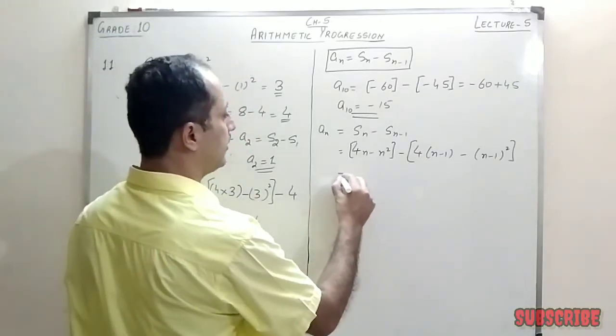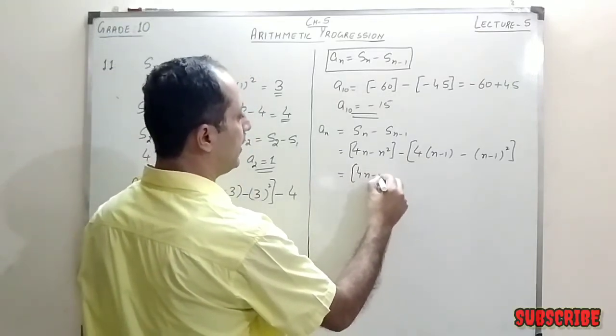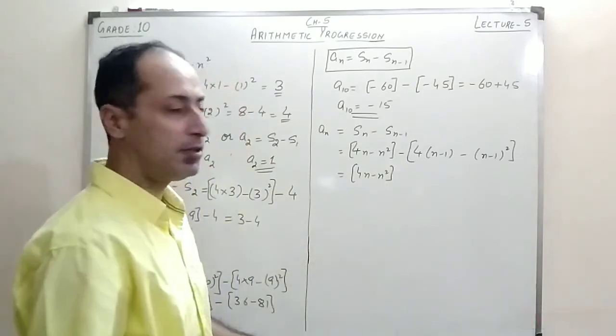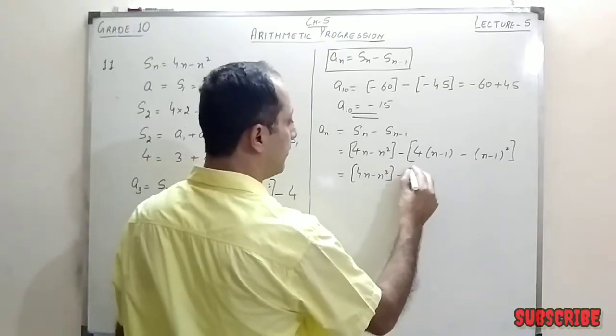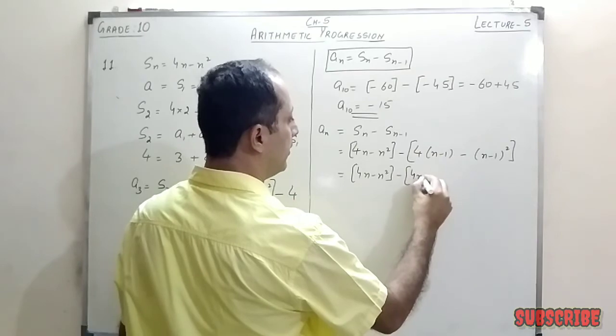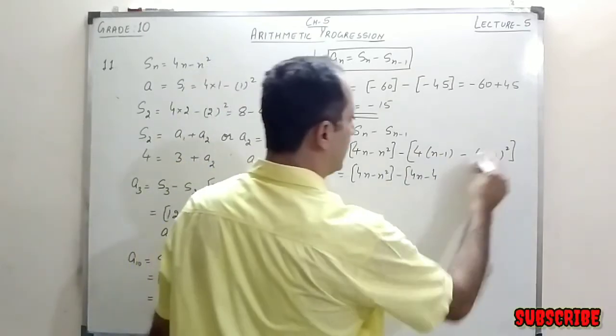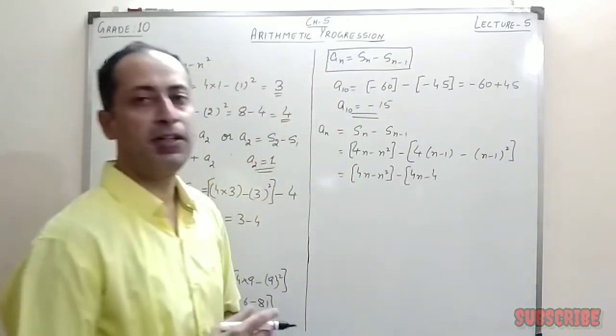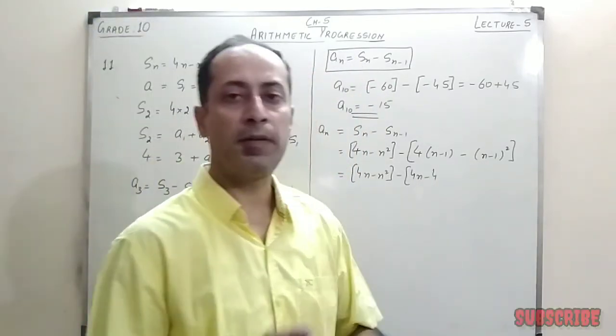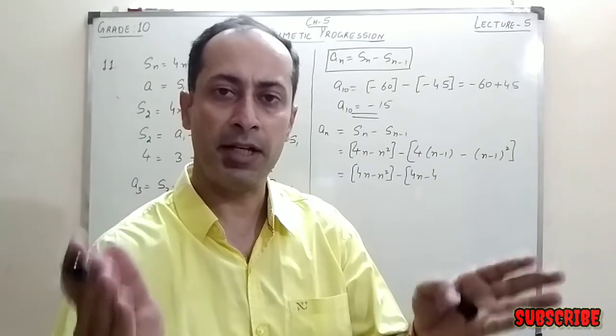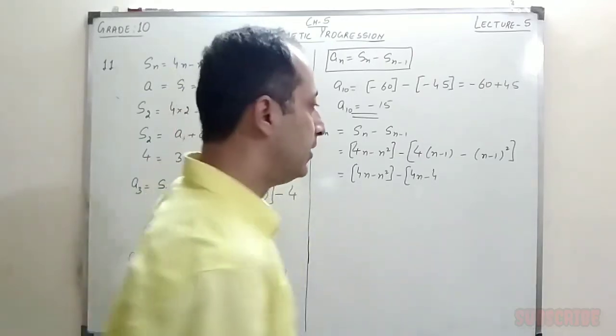So I just simplify the second bracket. First, no need to simplify. Be very careful. This is 4n minus 4, right, in the first bracket. Now, see, since there is a negative sign in front of this small bracket, we will first simplify and keep it in the bracket, then we will open it.